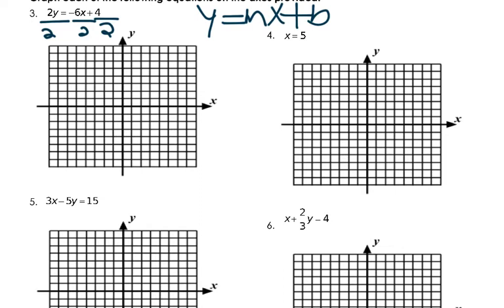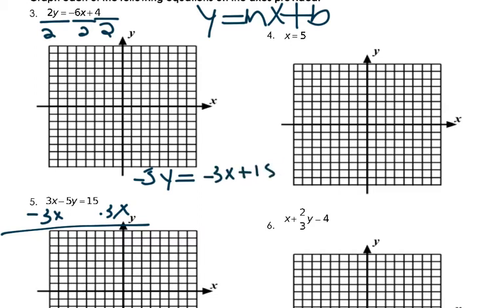Number 5, there's 2 steps here. The first thing that's happening to y is being multiplied by -5, and then added by 3x. So you have to subtract 3x on both sides first. So -5y equals -3x, excuse me, plus 15.